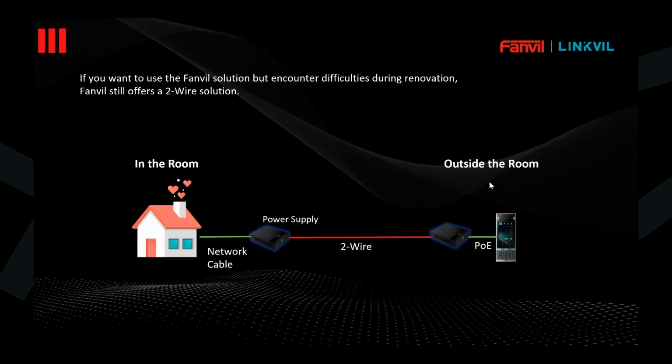You will still use the two-wire, the old method, and the intercom will get an IP, and it will work just as if there is a LAN cable. So this eliminates the whole renovation, the cost of the cabling, all that. It will work just the same.